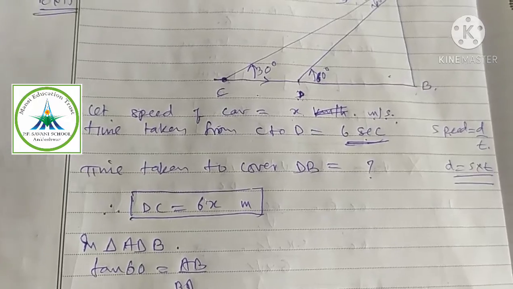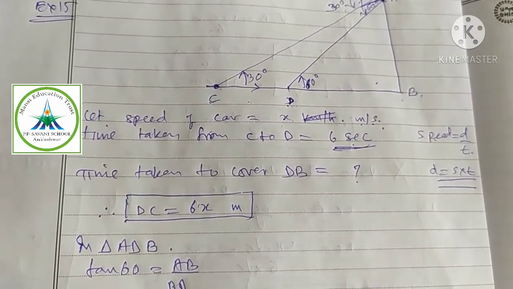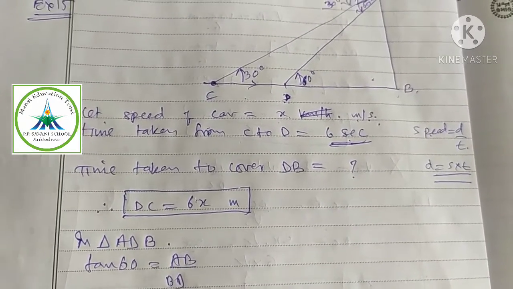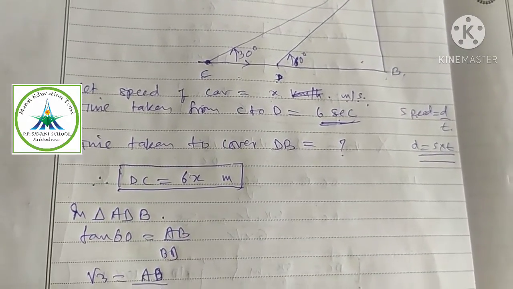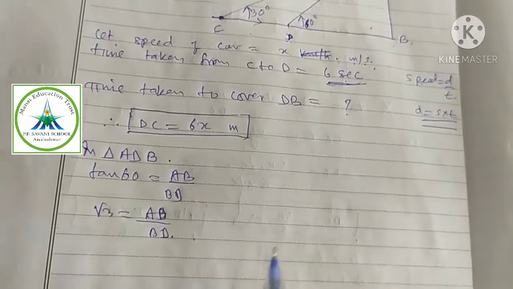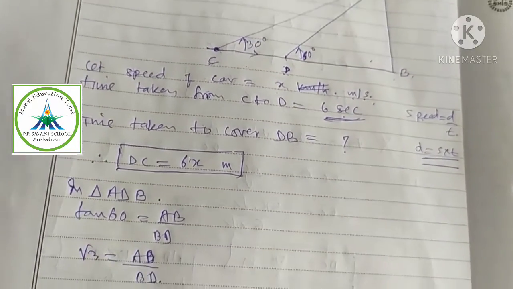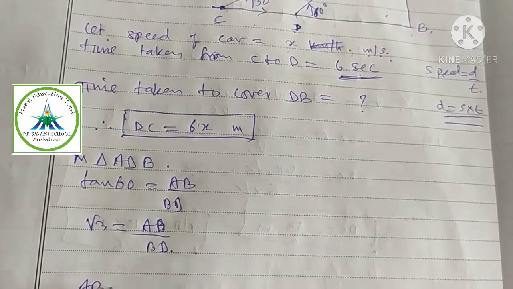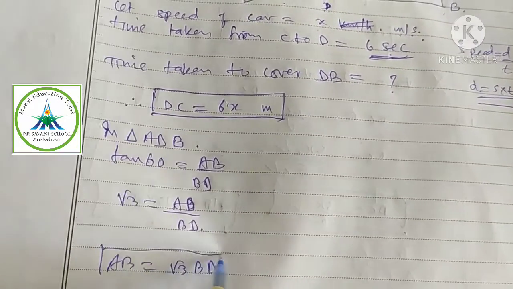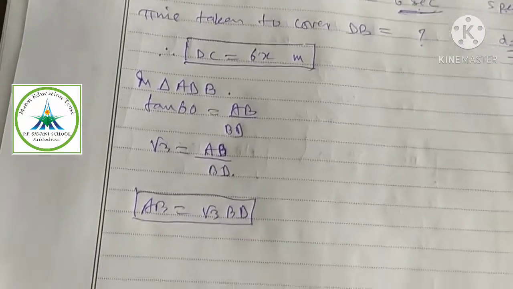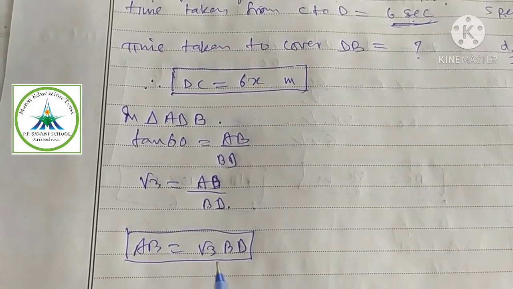Tan 60 is root 3. AB is common in both triangles. Okay, upon BD. Clear? Therefore you got this. Now let us take this common AB equals root 3 BD. Box number 1. Clear? Understood this much? Right?